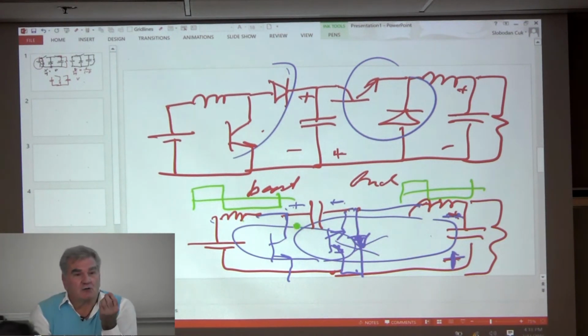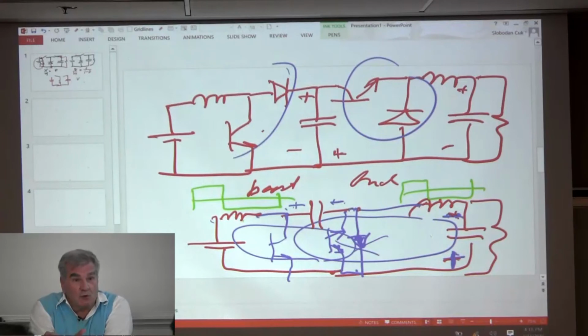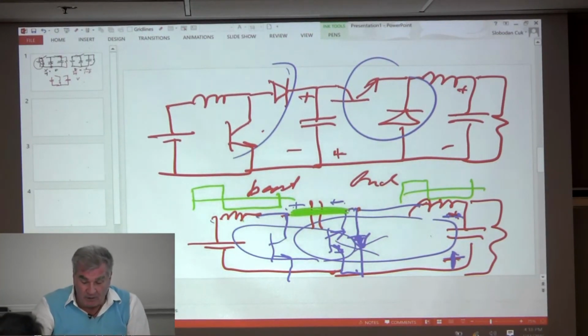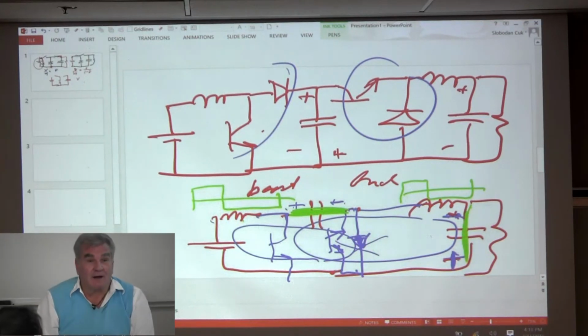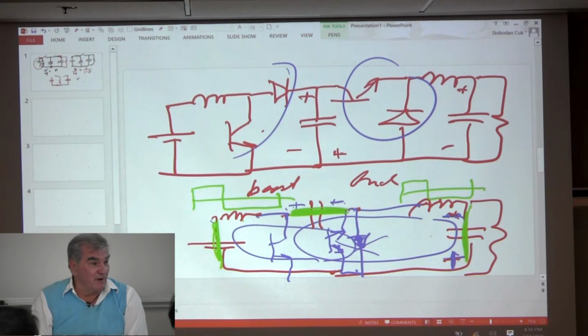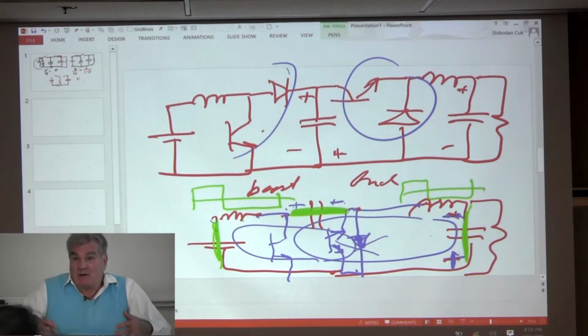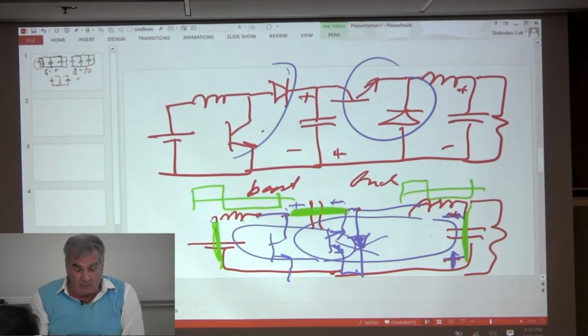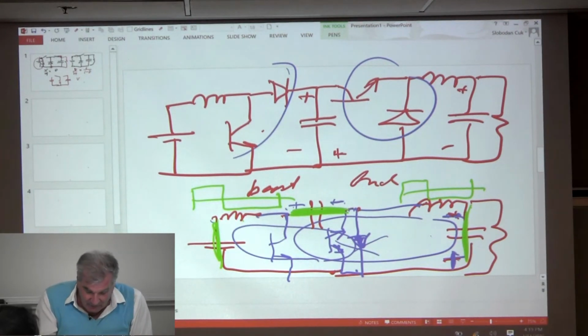Capacitors are short for AC, right? 1 over j omega C, and omega is large, so it is a short circuit. So let's agree that this is short. What about the output capacitor? Let's agree that's short too. And what about the voltage source on the input? Let's agree that's short for AC, since we eliminate DC sources and these are DC sources. What do you get?